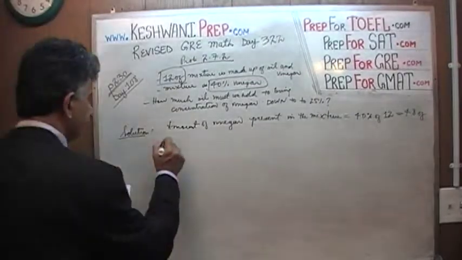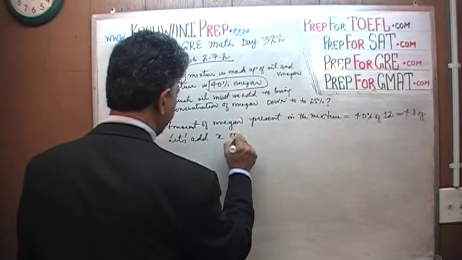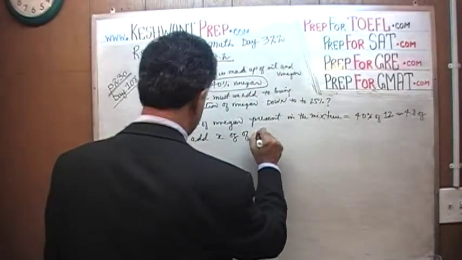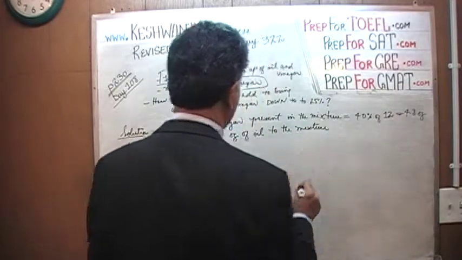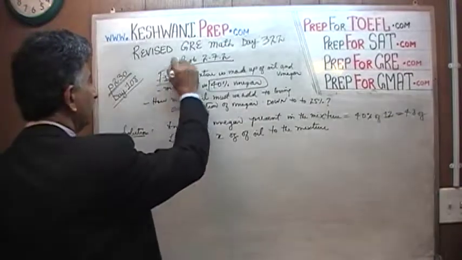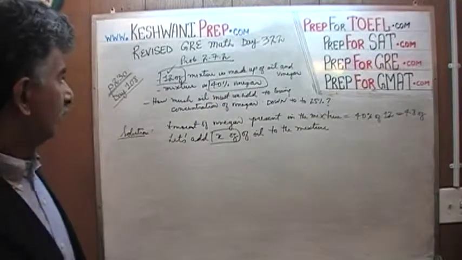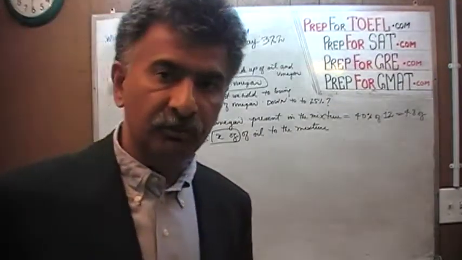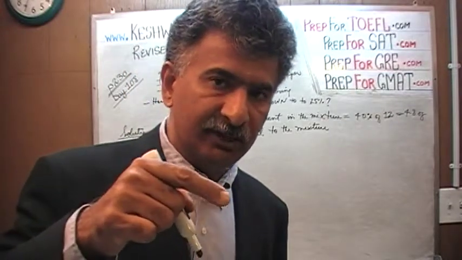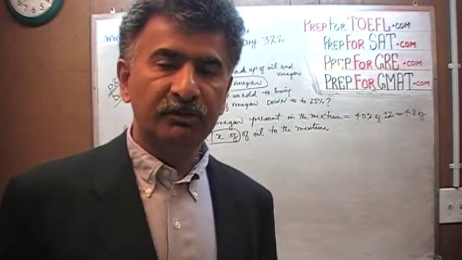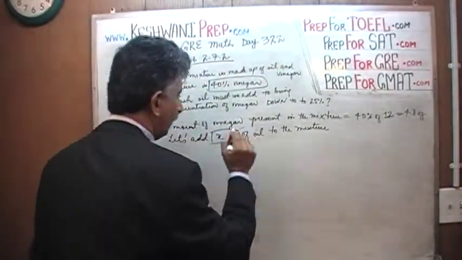So let's add X ounces of oil to the mixture. We had 12 ounces to begin with. Now by virtue of adding X ounces of oil into it, the total amount of mixture that we have now is the 12 ounces that we started out with, plus the X ounces of oil that we are adding to it.